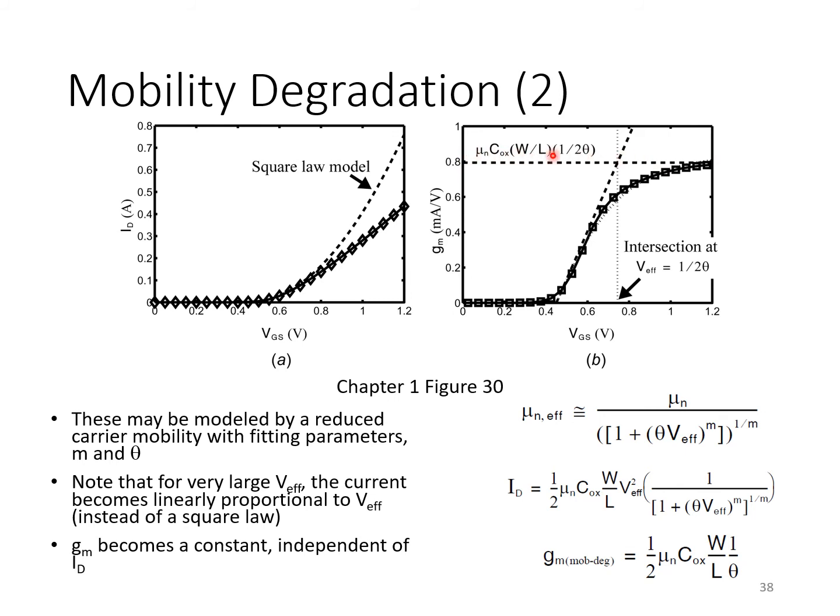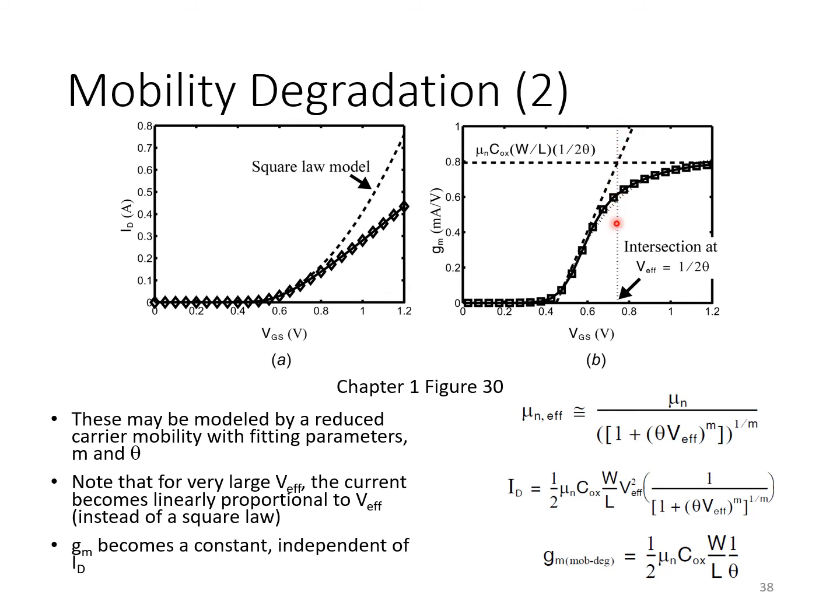The upper limit here, the limiting value, we can infer from where the plot ends up for very large values of V effective, and that gives us this expression here. If we fit a straight line to the linear portion of the curve, the slope of that portion is predicted by the square law model.